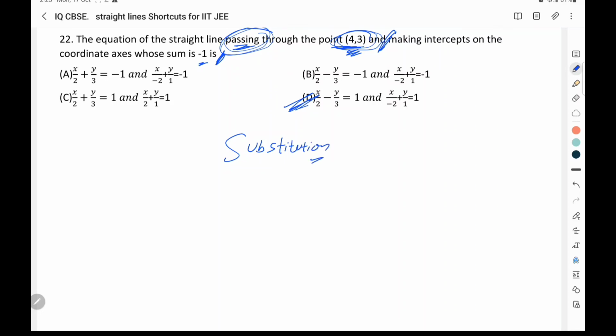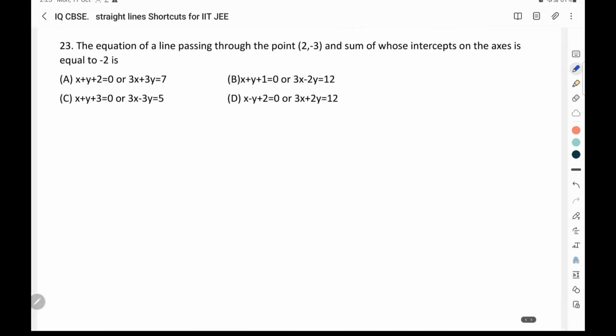Next one, again see the keyword here: passing through, and sum of intercepts is minus 2. Again, whenever you see passing through, just substitute in the options and you will get the answer.